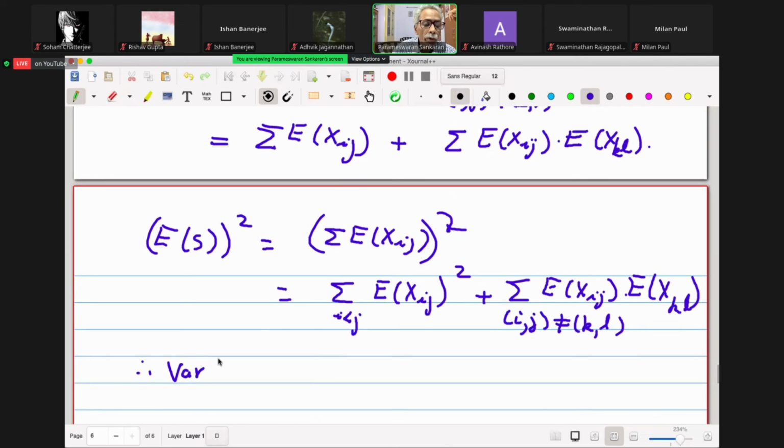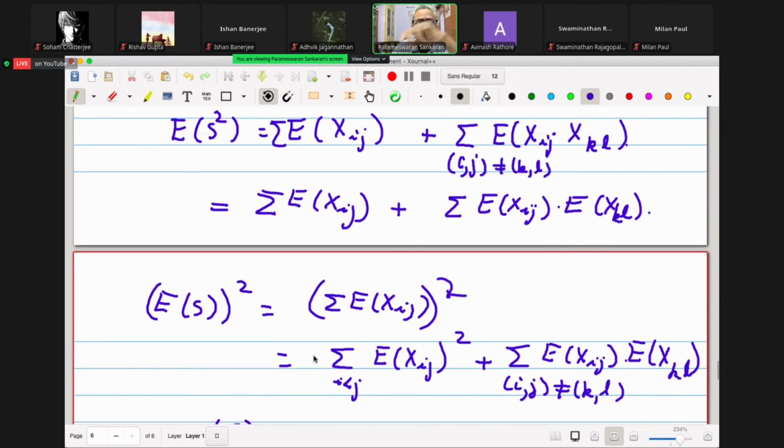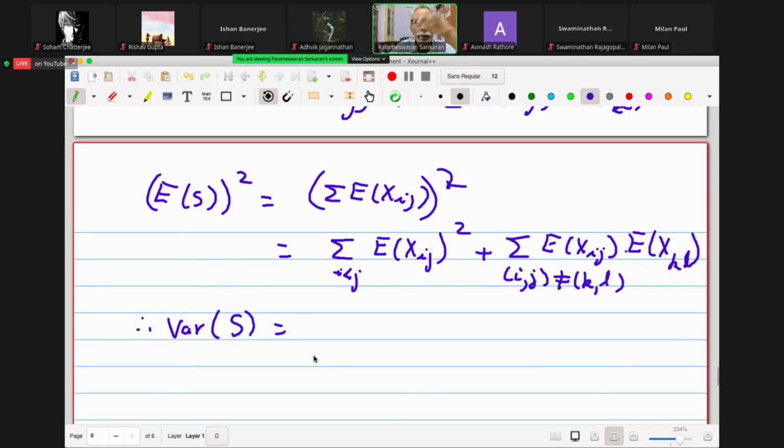Therefore the variance of S is equal to whatever we have. The first term is already computed. Let me write without skipping the terms.